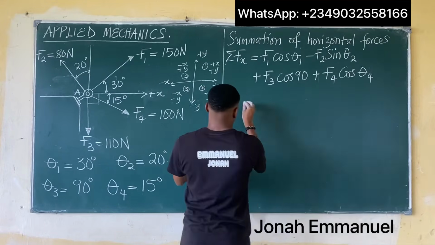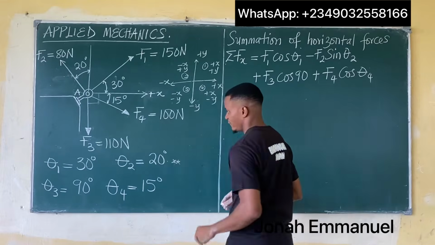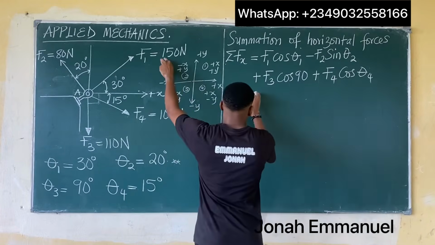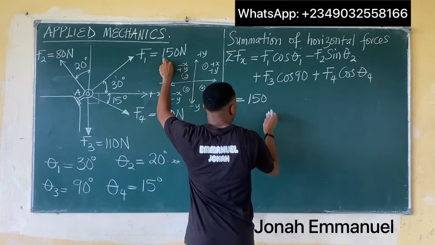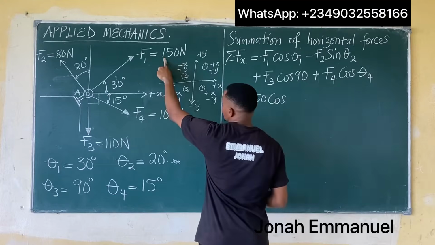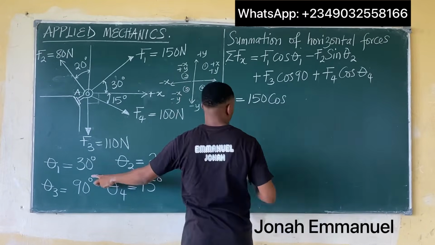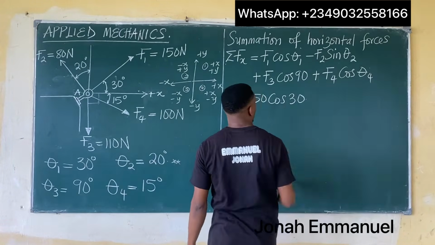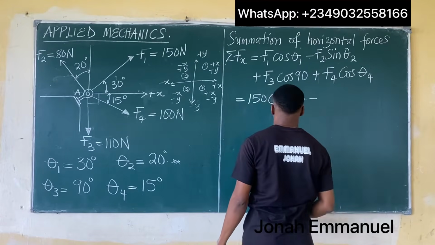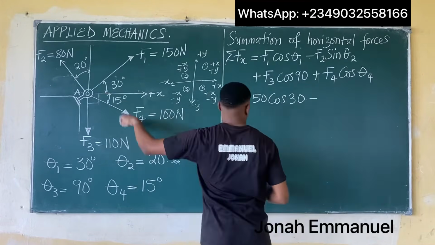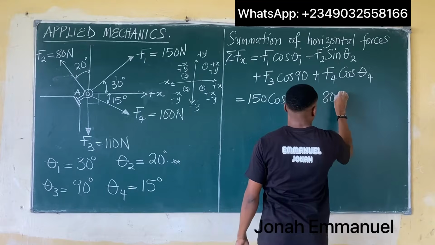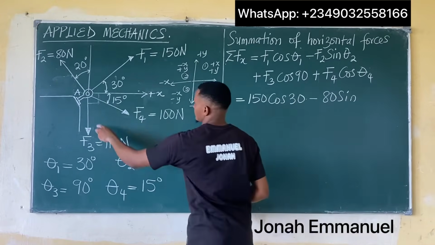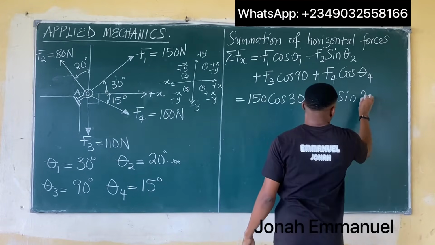Alright, let's impute values. This is equal to F1, 150 cos theta 1, 30, minus F2, 80 sine theta 2, that's 20.